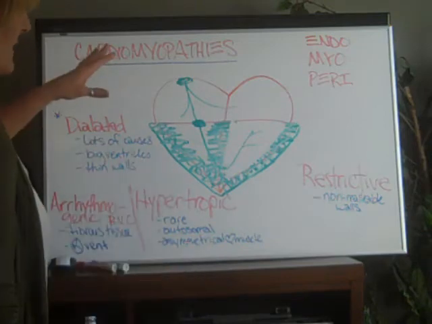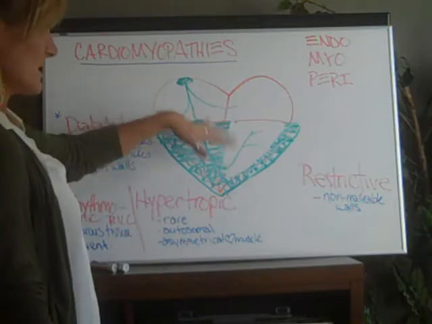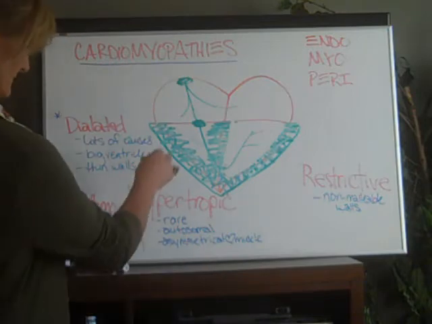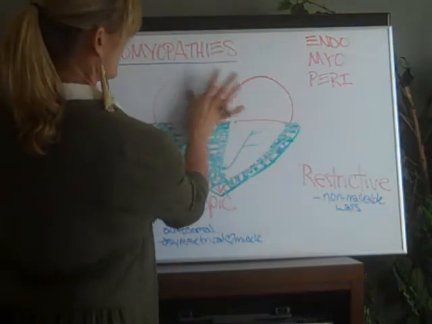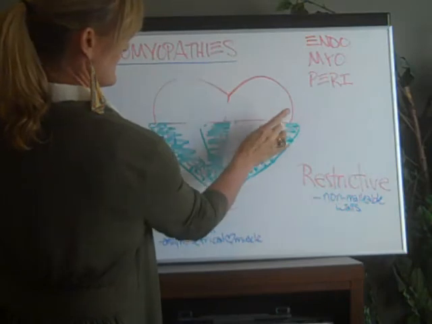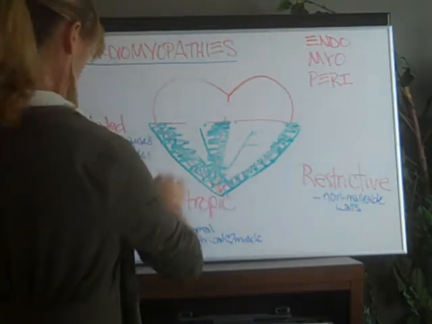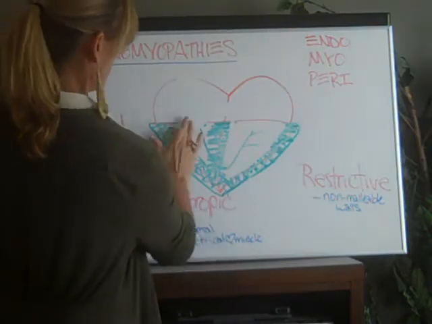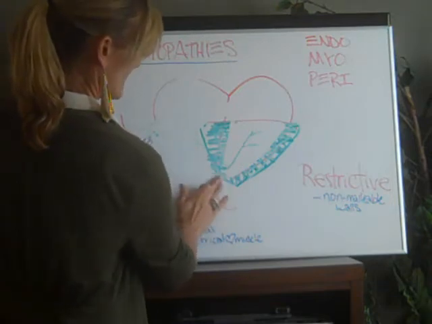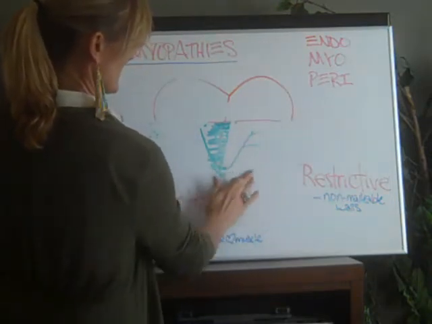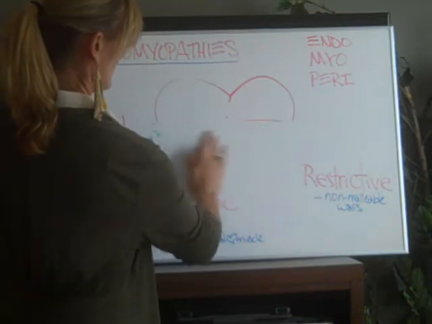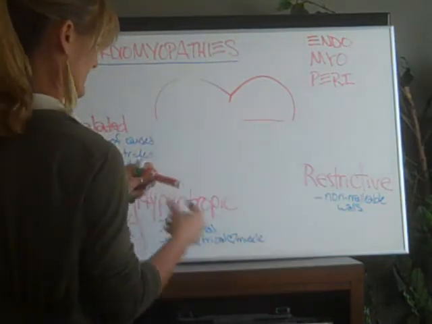Okay, then the other thing I wanted to talk about further in this chapter are the infections that can occur in the heart. And basically, in the heart, you have 3 layers to the cardiac muscle.